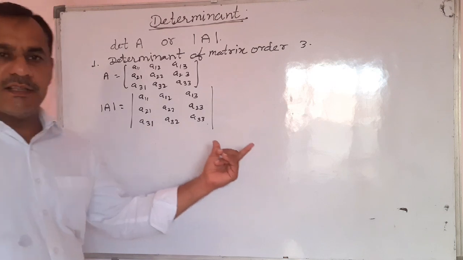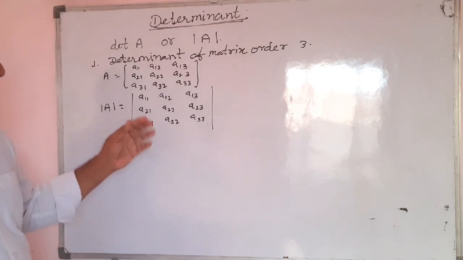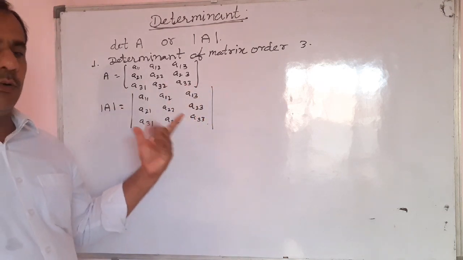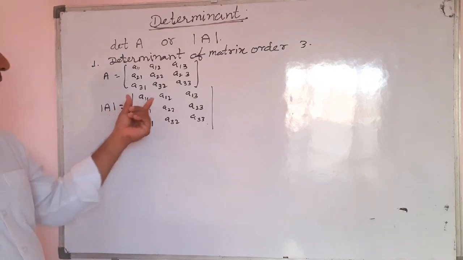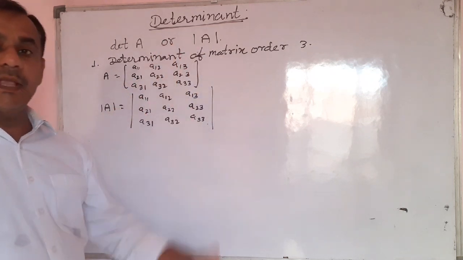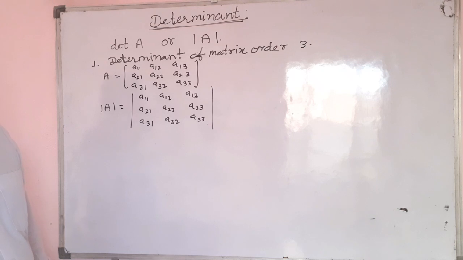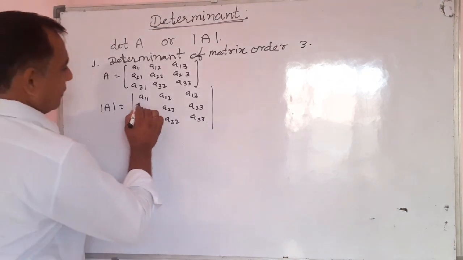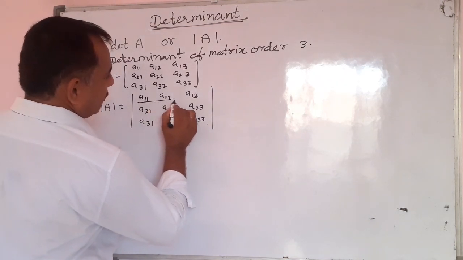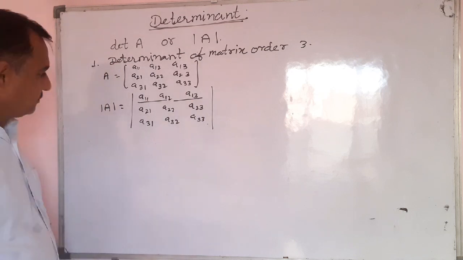And we can expand this determinant along any row or column. First of all, we expand along row R1. Row R1 is A11, A12, A13.